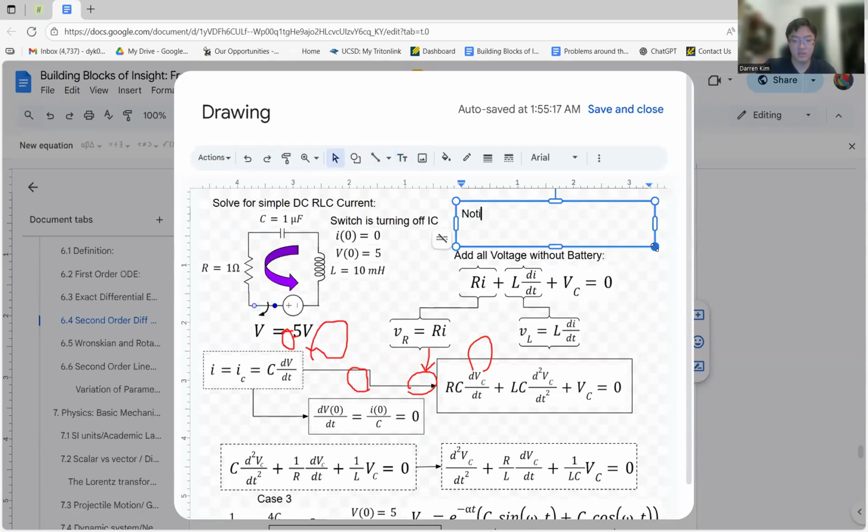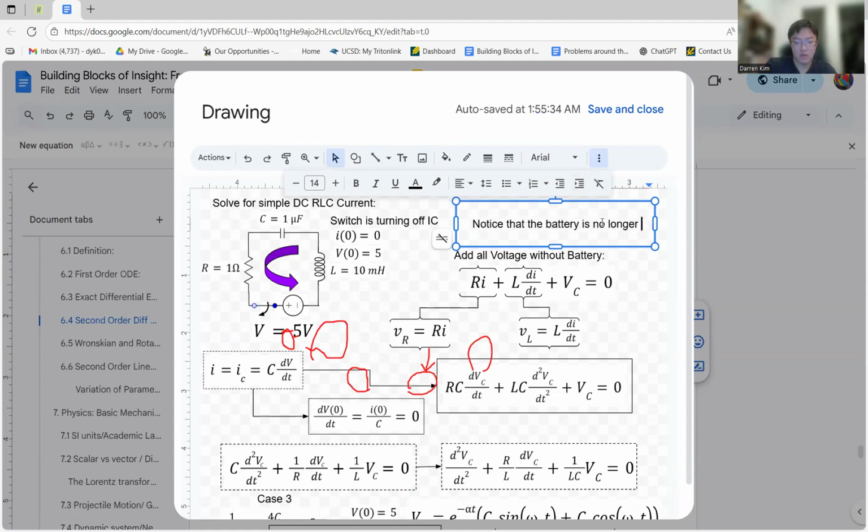Okay, notice that, well, I'm angry at myself now. I'm wasting my time. The battery is no longer available. I spelled that horribly wrong.